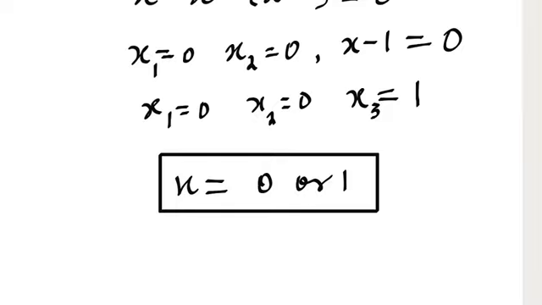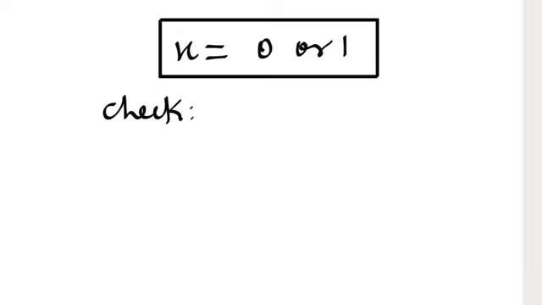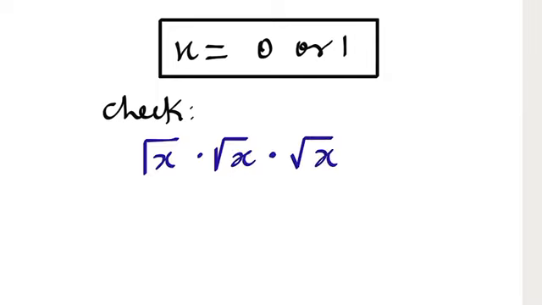So now you can check whether we are right or not. By checking, we can see that we have root x multiplied by root x multiplied by root x. Is this going to give us x? Now, according to what we are given, we have 0 already.